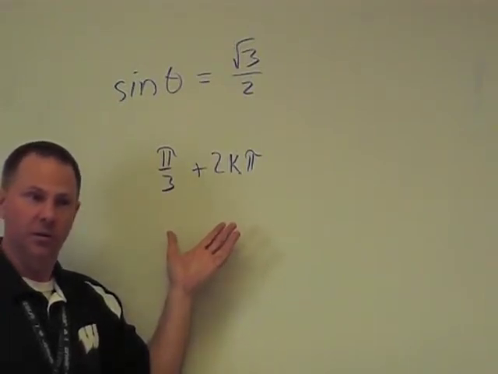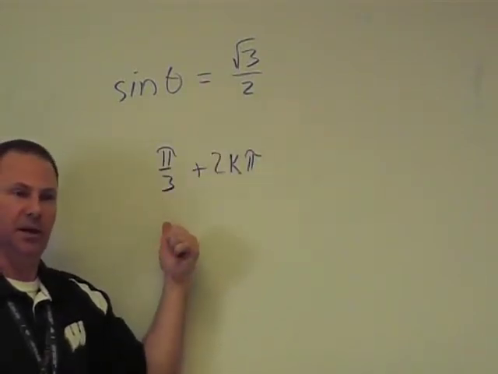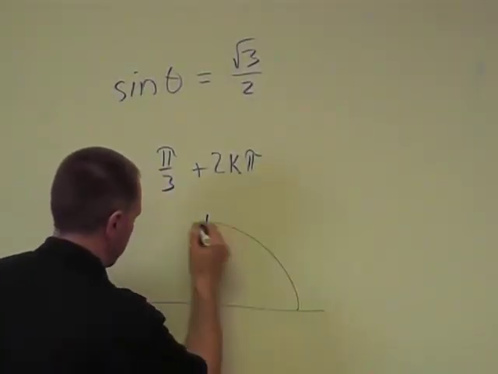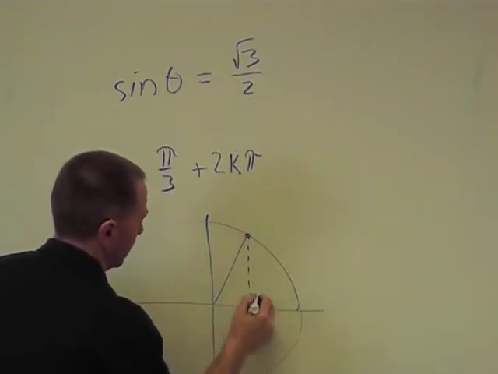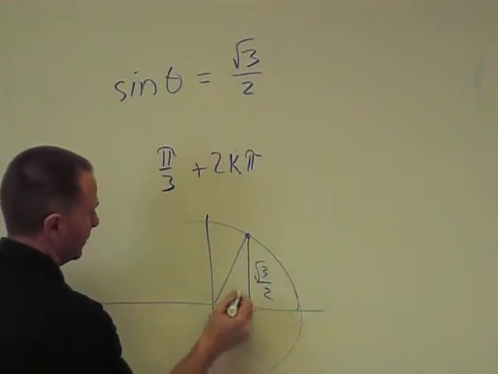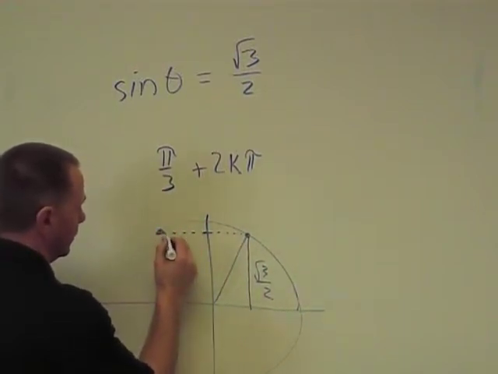Because y is not just square root of 3 over 2 at pi over 3. That's the square root of 3 over 2. Right? That's your y value. But it's also the square root of 3 over 2 right there.